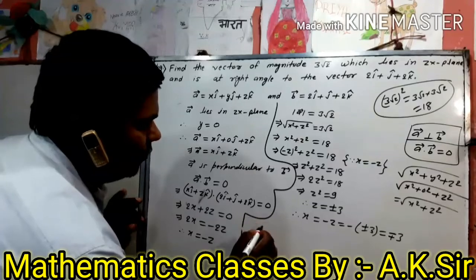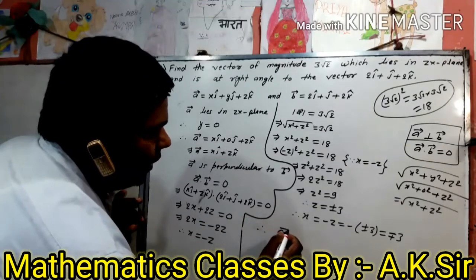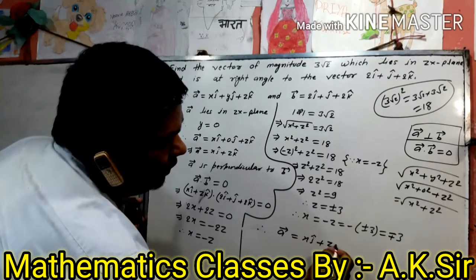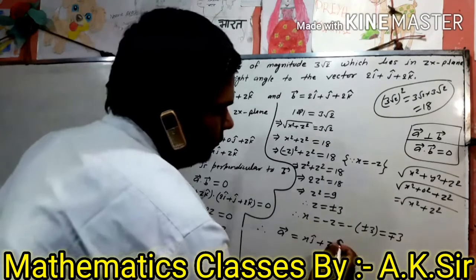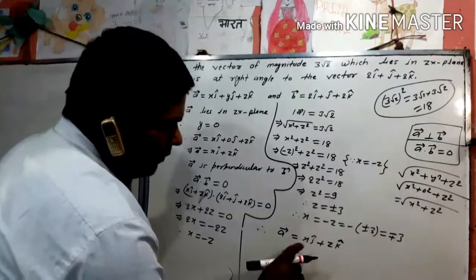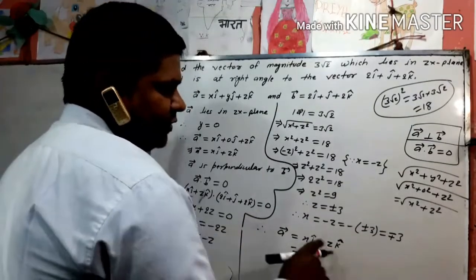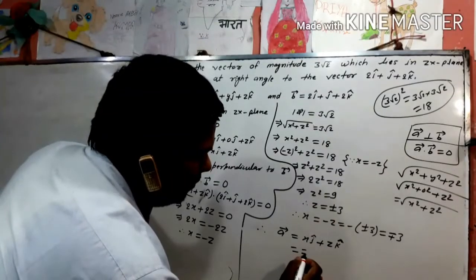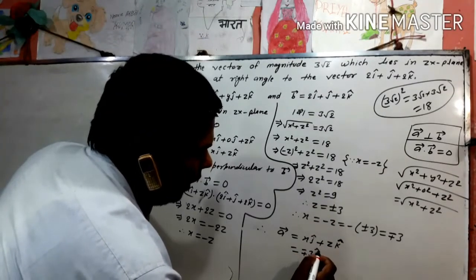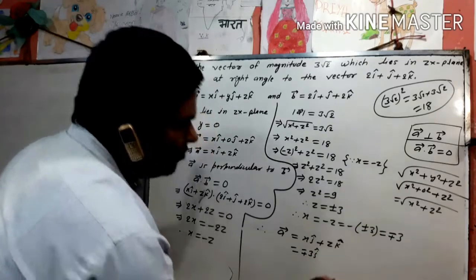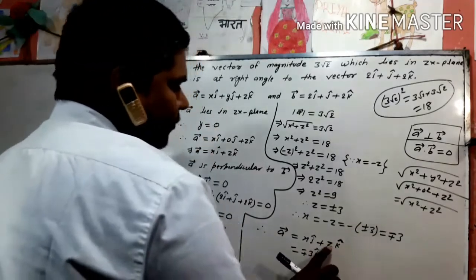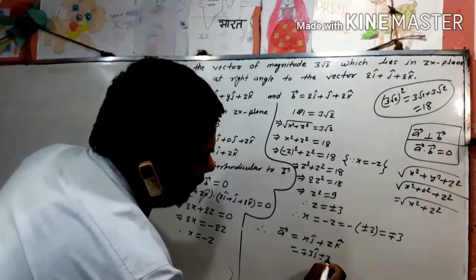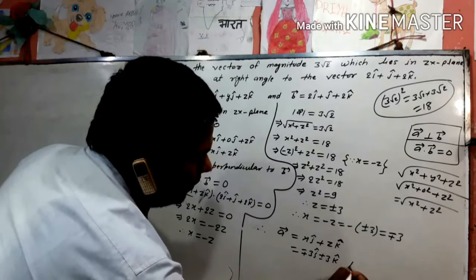So a vector is equal to xi cap plus zk cap. Put the value of x and also z. Minus plus 3 i cap, the value of z is equal to plus minus 3, plus minus 3 k cap.